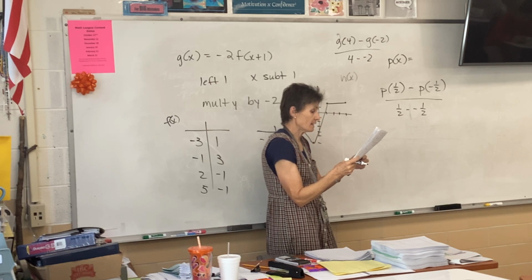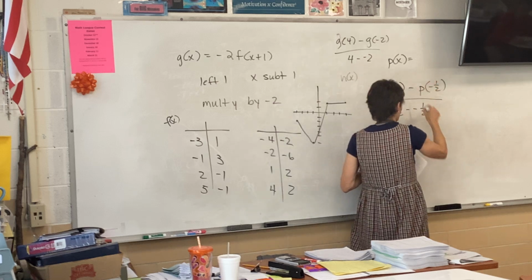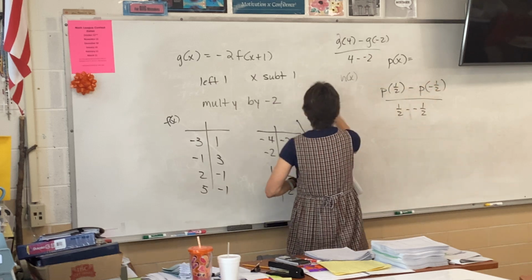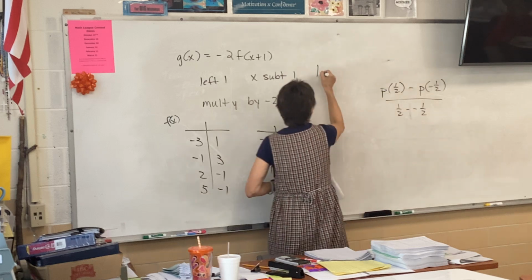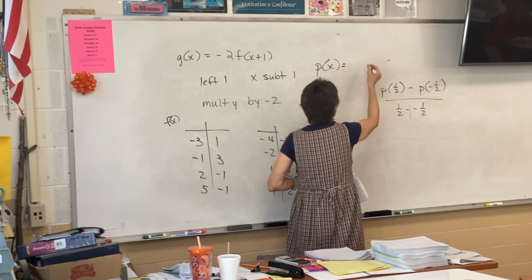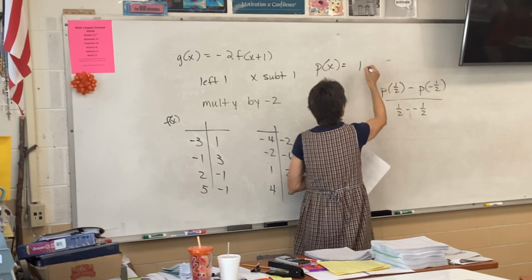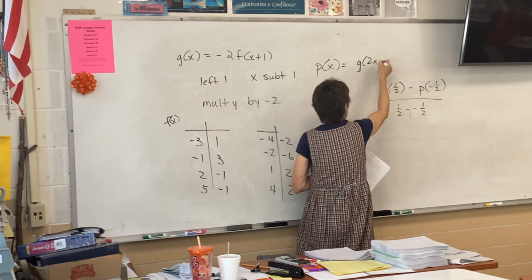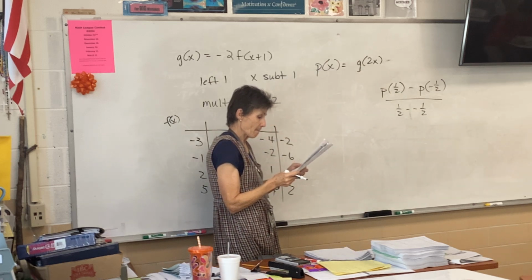What am I doing? A horizontal dilation by a factor of 1/2. What does that mean? What's happening if I have a horizontal dilation of a factor of 1/2? Multiplying the x's by 2. Yep, so I'm gonna have g of 2x. All right, what else is happening?